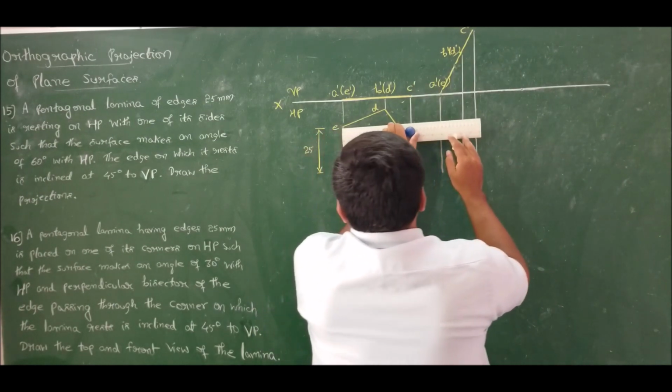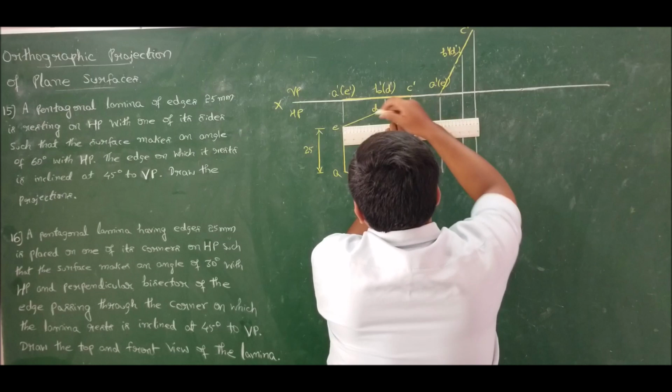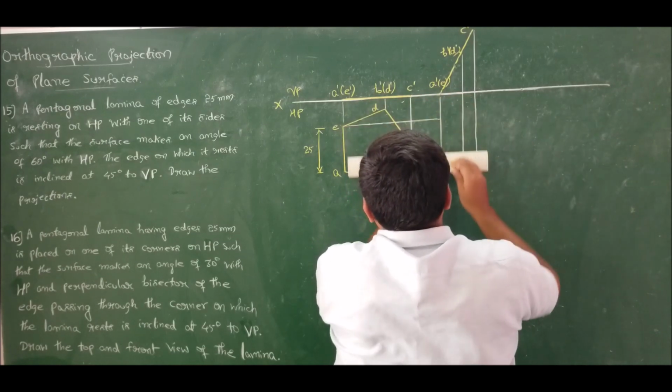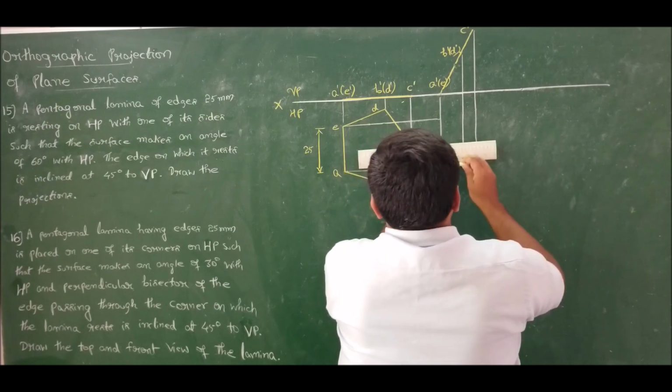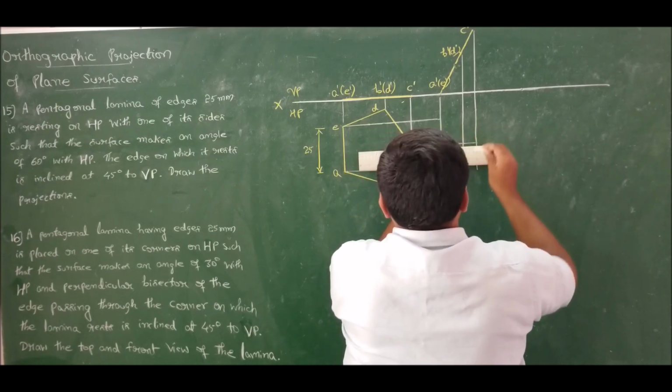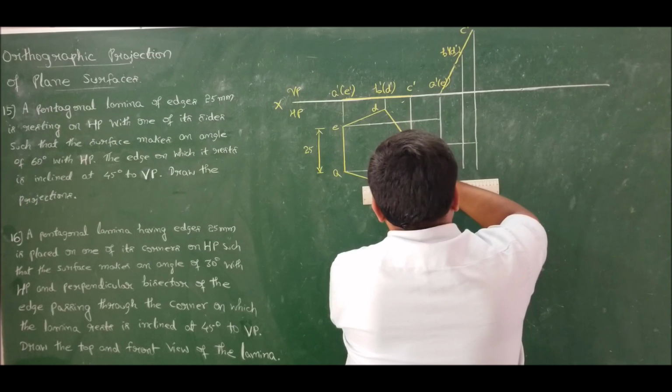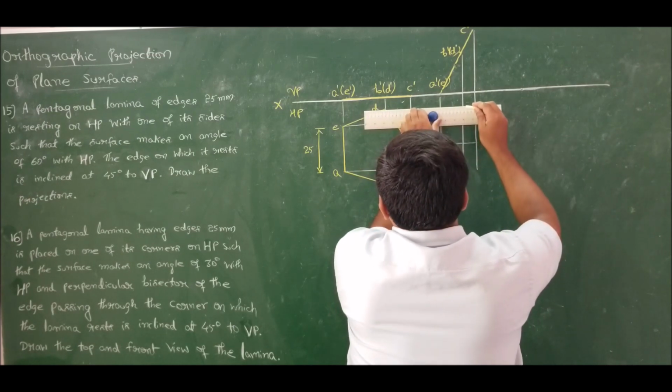Here I have E and here I have A. Similarly, we have C here, and we have B and D here.